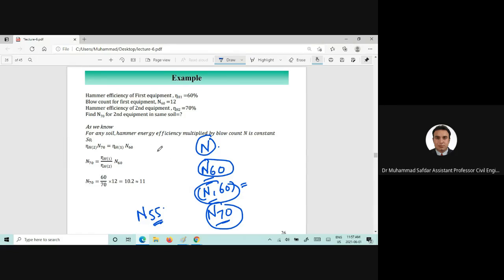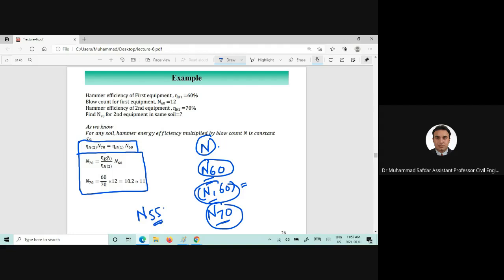But we can simply use this equation to find out the desired or the required N70 value.